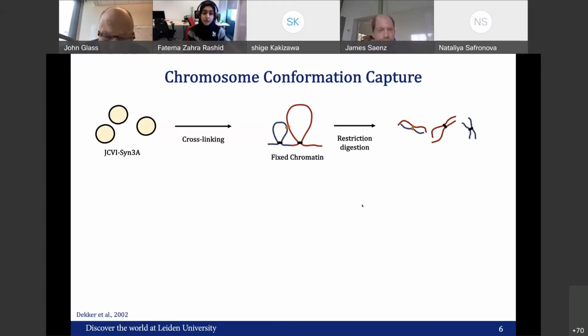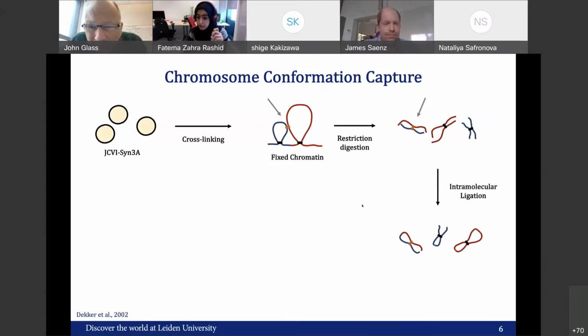We then extracted the chromosome from the cells and treated it with a restriction enzyme that digested this entire chromosome into DNA protein complexes. And those DNA molecules, or those loci that are close to each other in three-dimensional space, remain close to each other in this DNA protein complex.